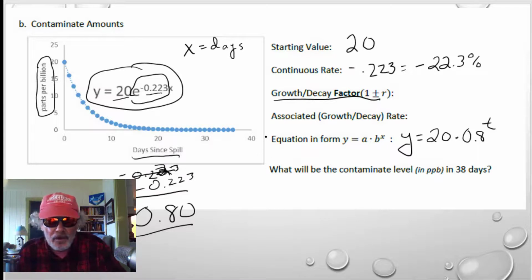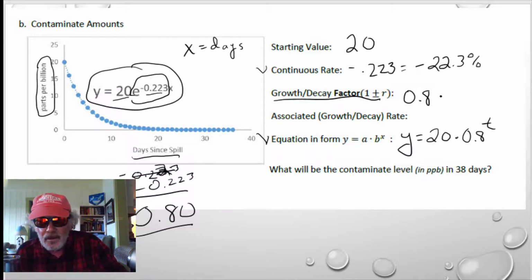So there is the form of the equation, which is the same now as this one. So this would be 0.8 because e raised to the negative 0.223 is 0.8. Confirm that on your calculator. So the decay rate is going to be 20%, right? It's decaying by 20%.